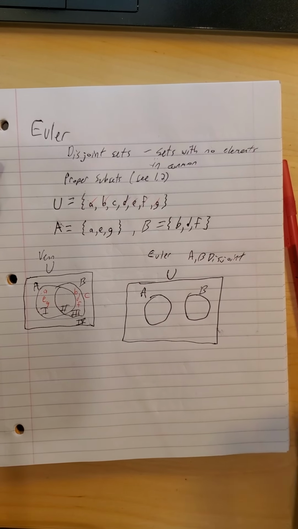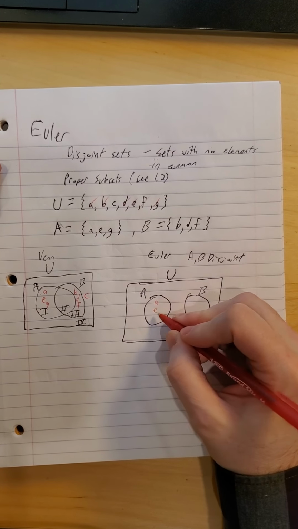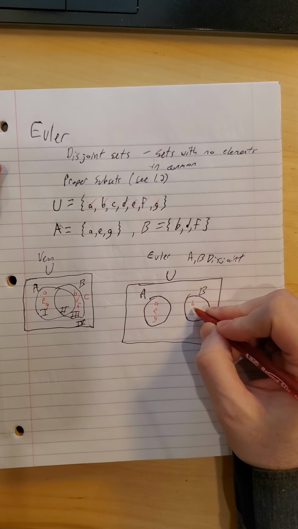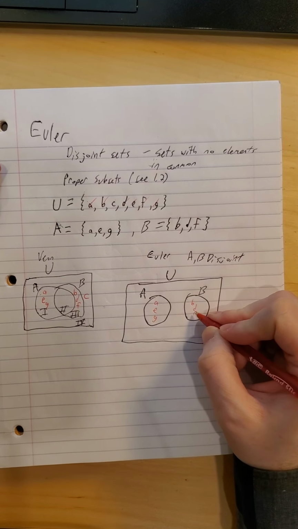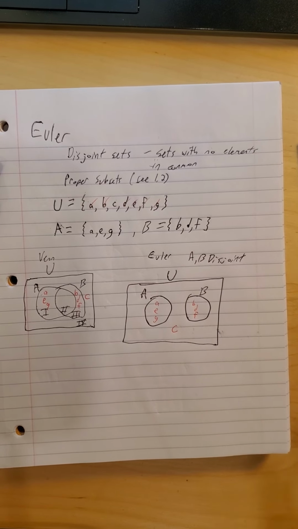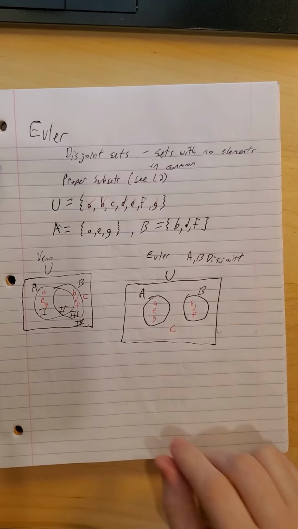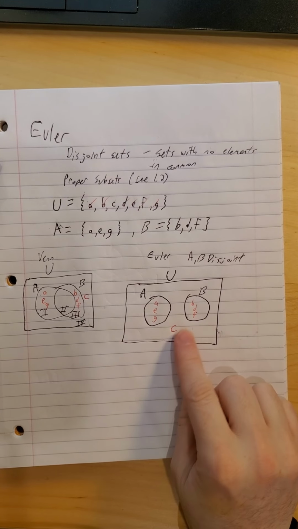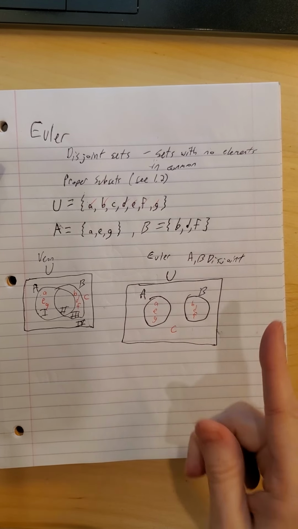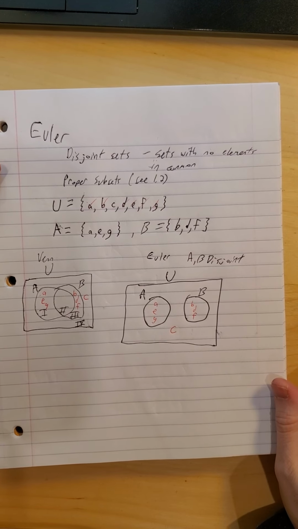So here's set A, here's set B, and then within them, elements A, E, and G, elements B, D, and F, and C out there in the box, but outside of the circles. So we have A, B, C, D, E, F, and G all accounted for. So each element is in there one time.